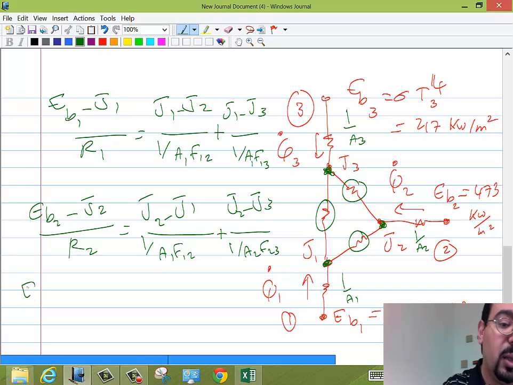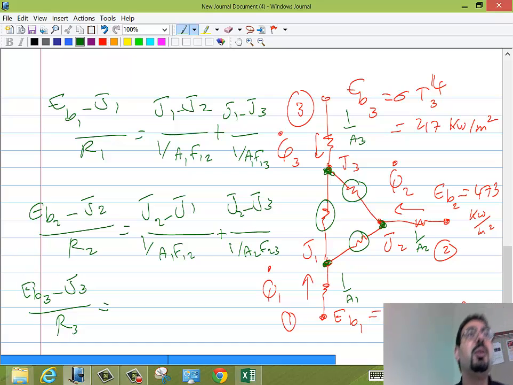And finally, EB3 minus J3 over R3, that's the radiation leaving surface 3. What will happen to the radiation leaving 3? Go this way and that way, right? Whatever Q is leaving here will go here and here. So here, how much is that Q? Anyone? The Q here?